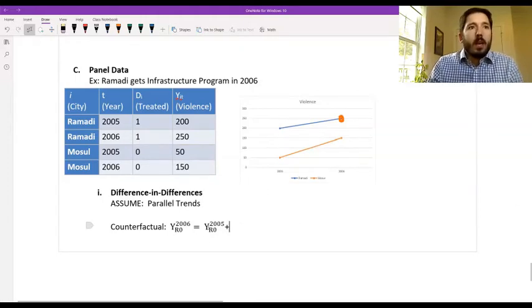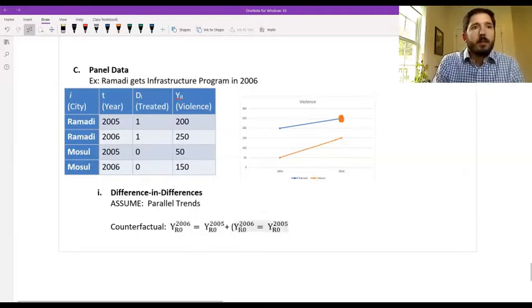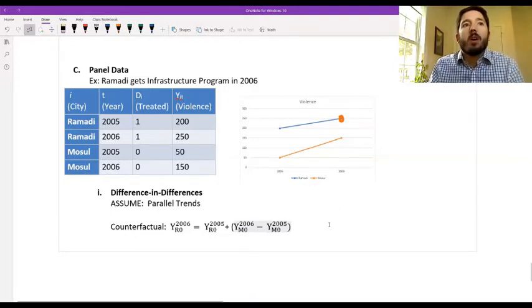So we're going to take the difference between Mosul in 2006 and Mosul in 2005, and we're going to add that on to our Ramadi in 2005.